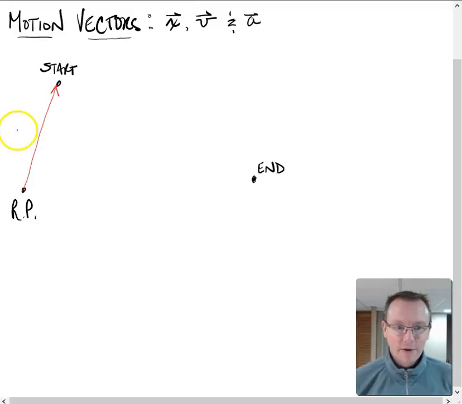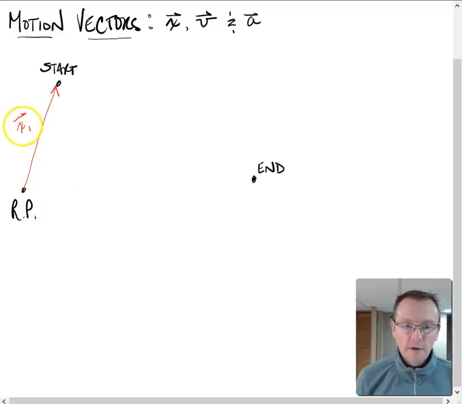So that position vector looks like that right there. That's x sub 1. That's its position away from that reference point. You could measure it up until this point. We've been measuring it in a number of meters. You could say it starts off at 2 meters away from the reference point, then it ends up some other place. Then you know it moved. You get the idea.